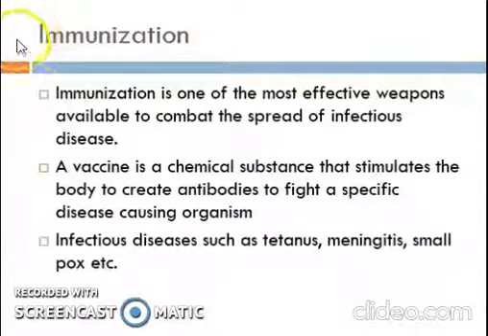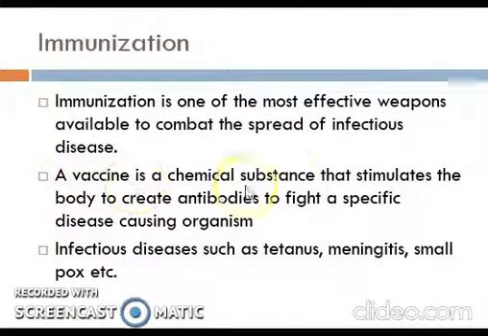Another relevance of biology to society is immunization. Immunization is one of the most effective weapons available to combat the spread of infectious diseases. Infectious diseases, for example tetanus, meningitis, smallpox, can be passed from person to person.